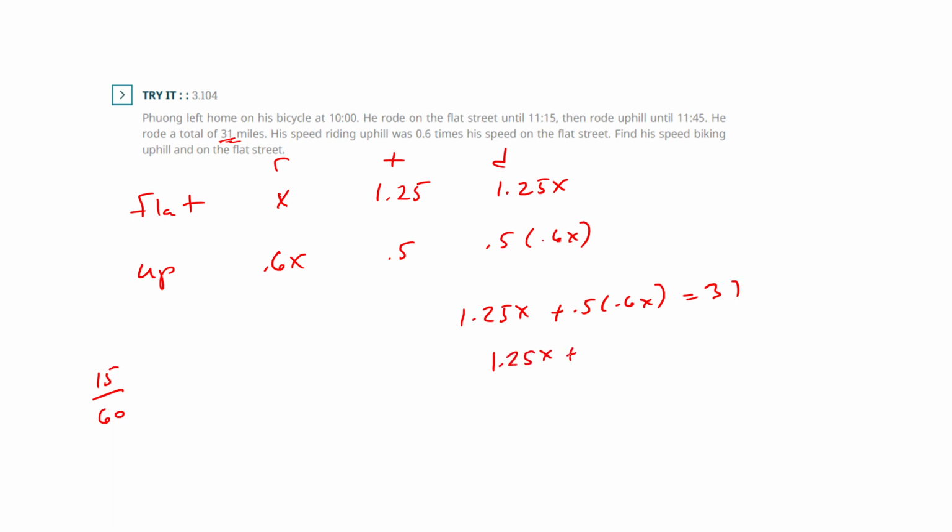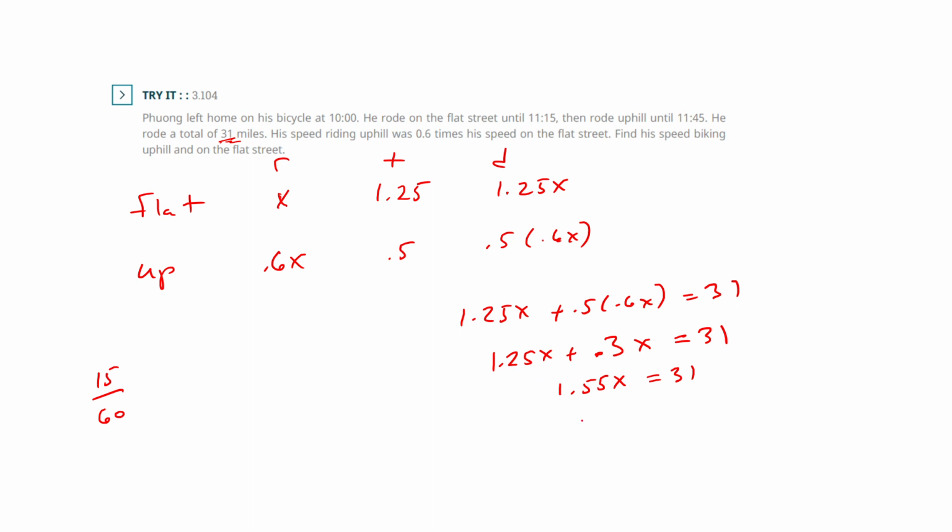Okay, so I got 0.5 times 0.6, just cleaning up here, and I get 0.3x. So I put these together, I get 1.55x equals 31.